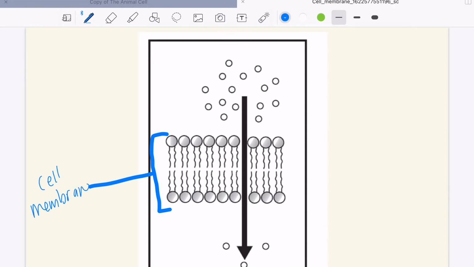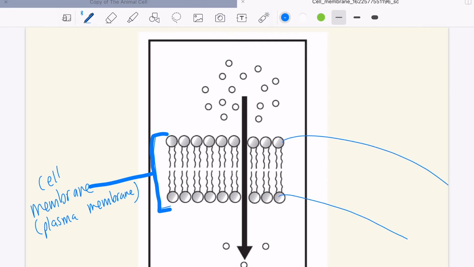Do you remember what we also call the cell membrane? The plasma membrane. Always remember that. Okay? So we have our cell membrane here. We know that this is the outermost layer of a cell. This is just a little section that we're looking at.